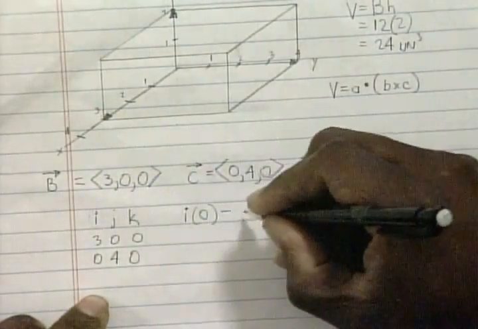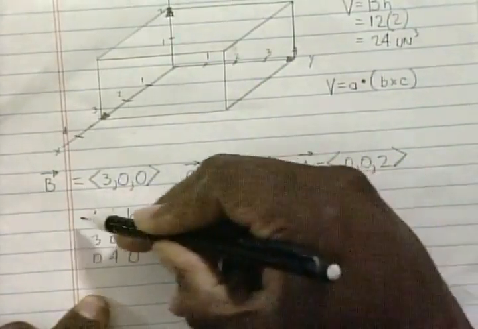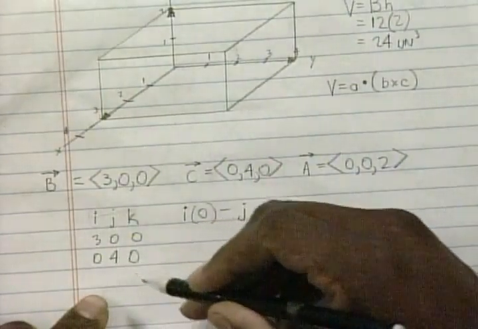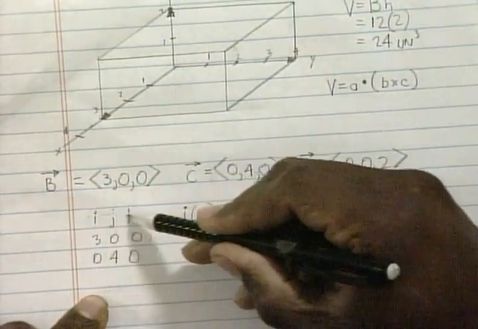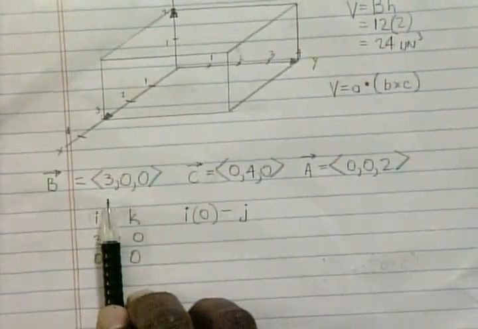Then minus, by rule, j, and you do the same thing. You cross out this row and find the determinant of the submatrix that's left over.